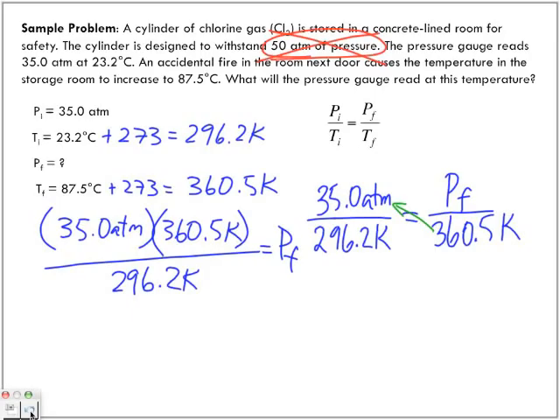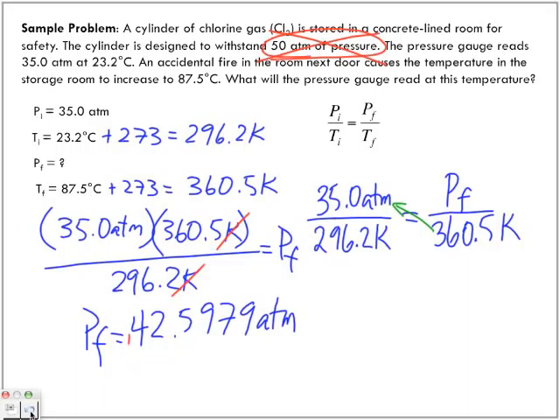Now notice Kelvin units are what cancel out, and our final pressure is equal to 42.5979 atmospheres.